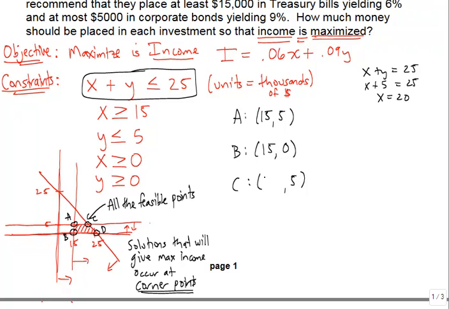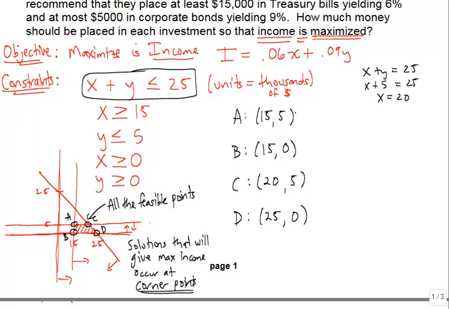That forces the x to be 20 if it's going to lie on this line. So corner point C has to be (20, 5). And then finally, corner point D is right on the x-axis. The x value is 25 because that was the x-intercept of this line, and the y value is 0 because we're on the x-axis.